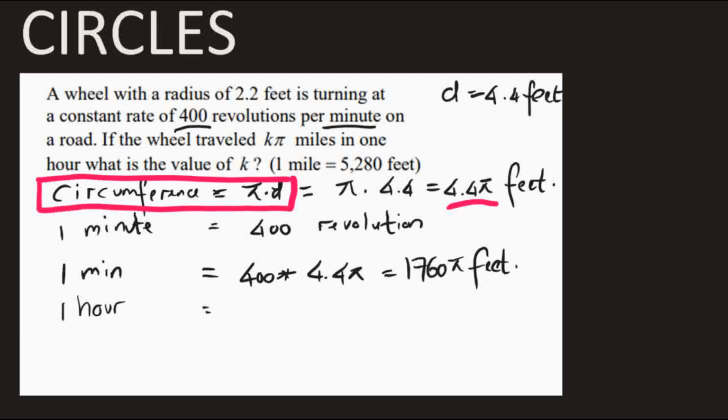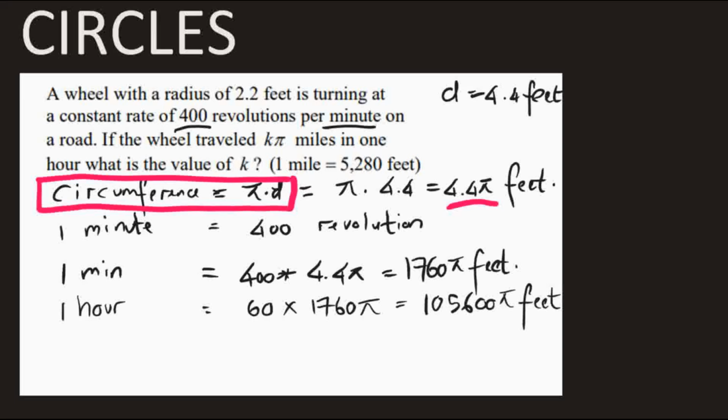And in 1 hour, that is 60 minutes, so we multiply by 60 to get the distance traveled in 1 hour, because 1 hour is 60 minutes. So 1760 pi times 60 is equal to 105,600 pi feet. Now the question is, if we travel k pi miles in 1 hour, what is the value of k?